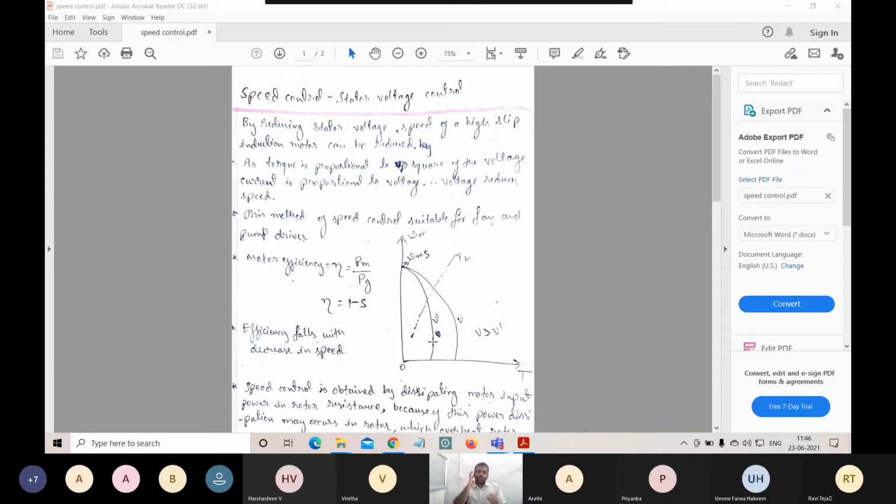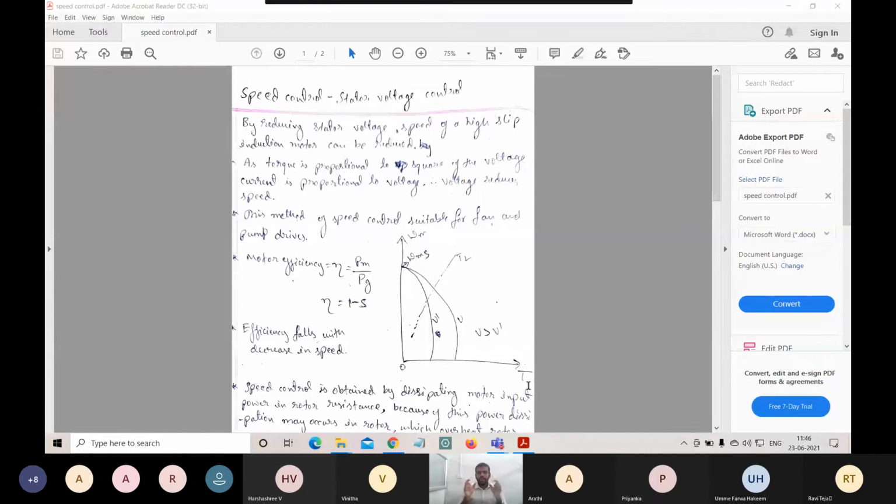If you want to draw the characteristics for the load torque, by keeping the voltage constant, the nature of the graph will be TL, the dotted line. So this is the nature of the characteristics of the speed and torque relationship.